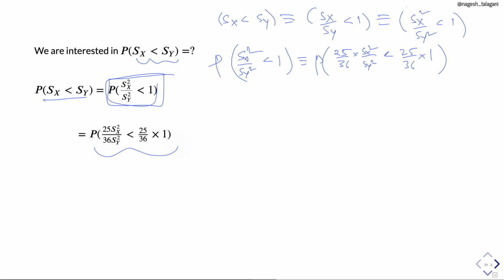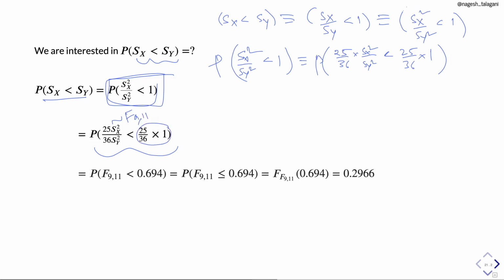Now we know that this follows the F distribution with 9 and 11 degrees of freedom, and this simplifies to 0.694. Okay, so we have the probability of F9,11 less than 0.694.